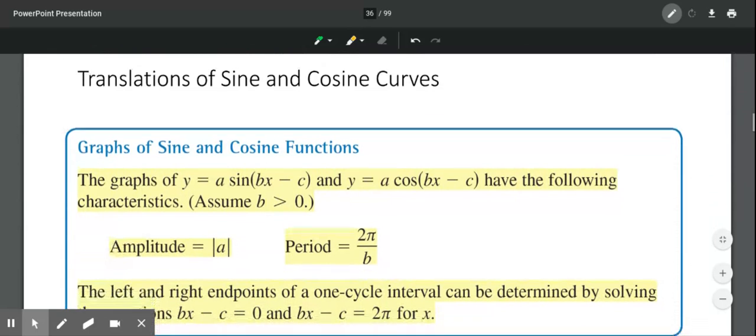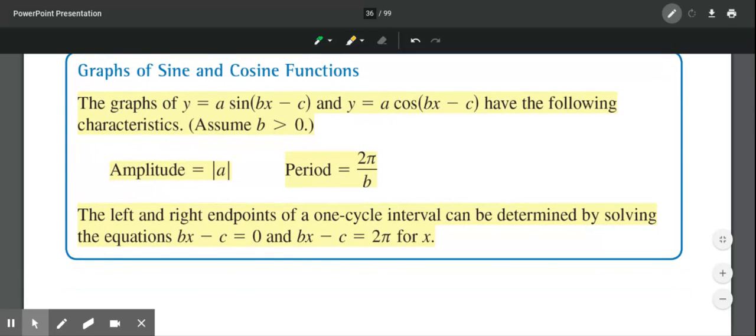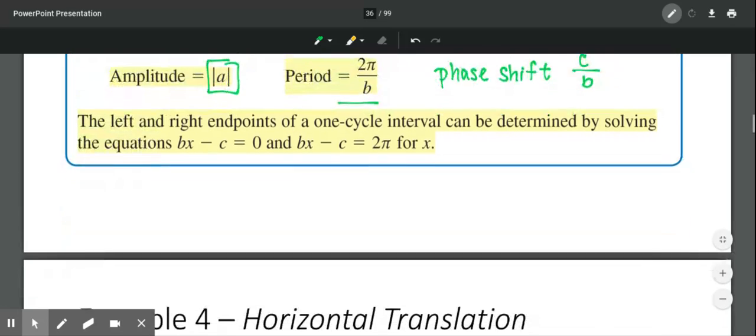So this is kind of all of the stuff we've talked about in one slide. With your amplitude is the absolute value of A. Your period is 2 pi over B. We'll add in there that your phase shift is C over B. Right? So we have all of that.